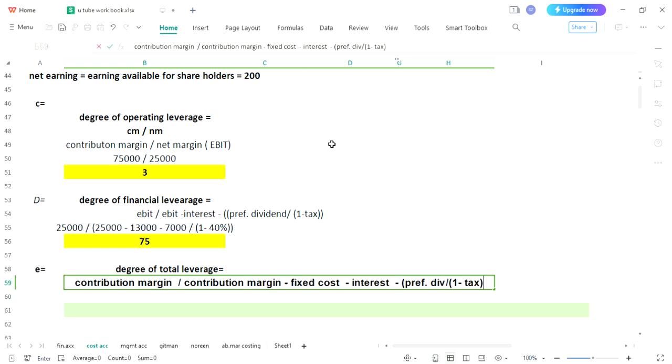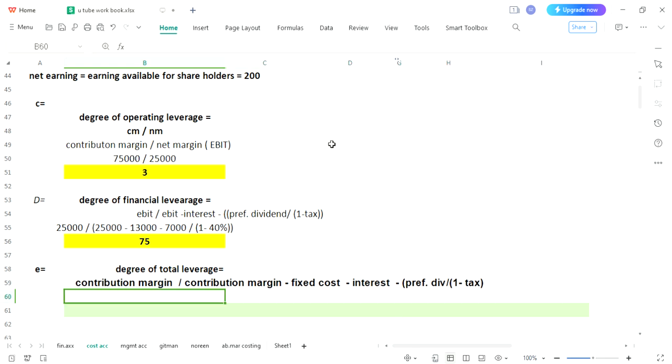In this way you will complete your formula: contribution margin, fixed cost, interest, and preferred dividend. Let's put the amounts over here.